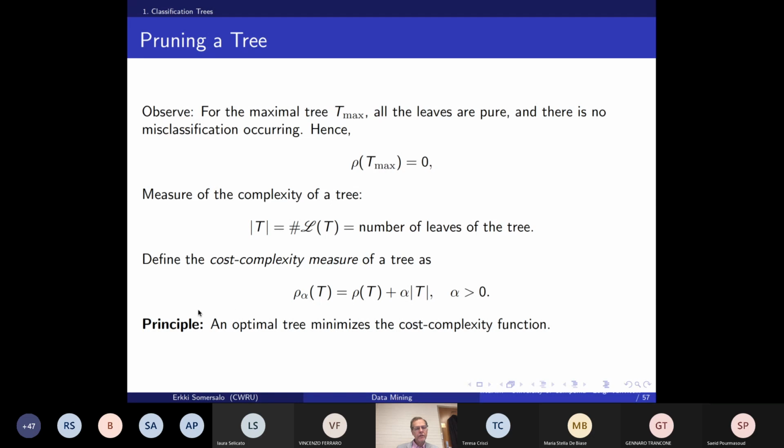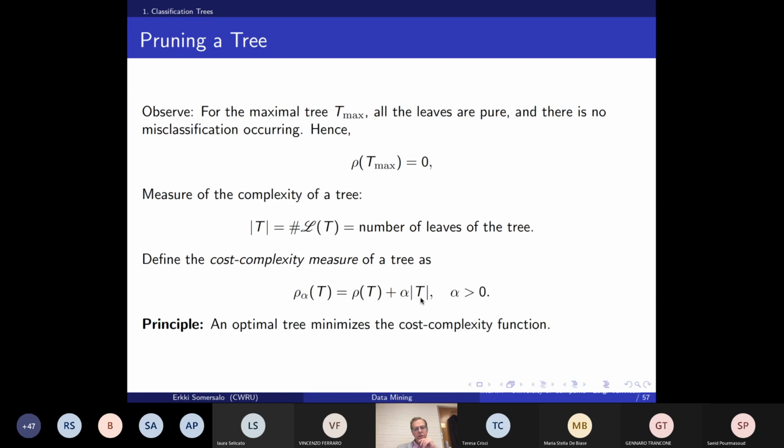And now we use the principle that we find an optimal tree, not a maximal tree, but an optimal tree, by minimizing this cost complexity function. So we are making a trade-off between the quality of the tree as a classifier with the training data, rho, and on the other hand the complexity of the tree.